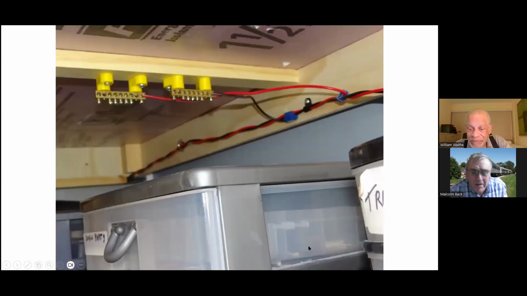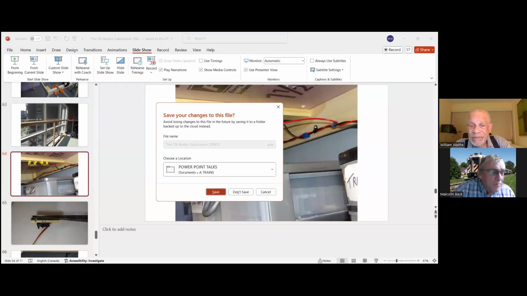I've had the pleasure of operating on this layout a few times now with Willie and his compatriots, and it really does operate beautifully. It's a pleasure to operate, and we always do have a really good time operating the layout prototypically.